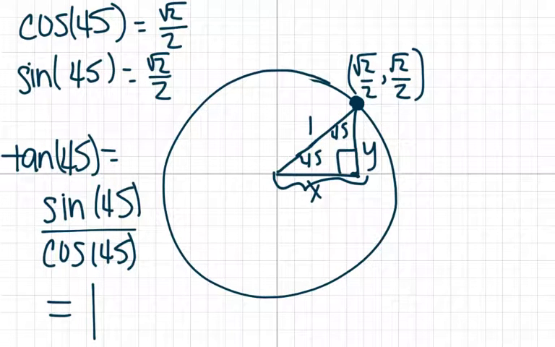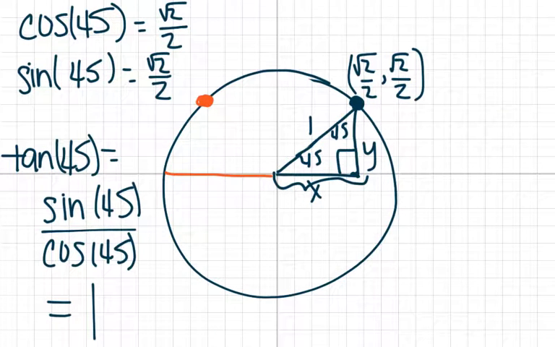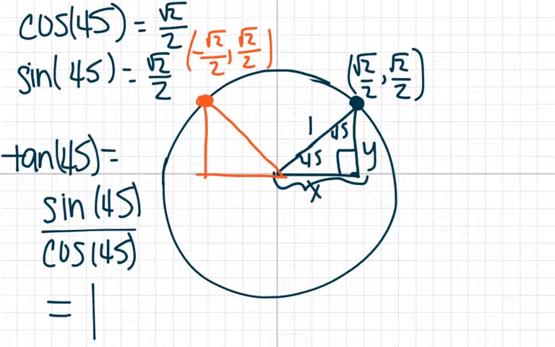Now I want to take a moment and talk about the symmetry of the unit circle. So we've got this point with positive coordinates, root 2 over 2, for both x and y. Over here, we can determine another point that has the same coordinates except with a different sign.